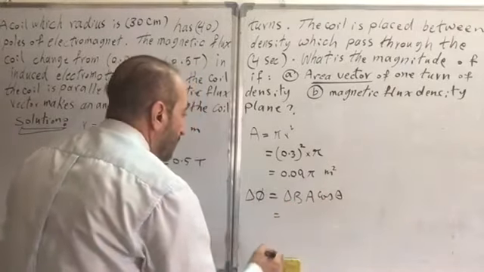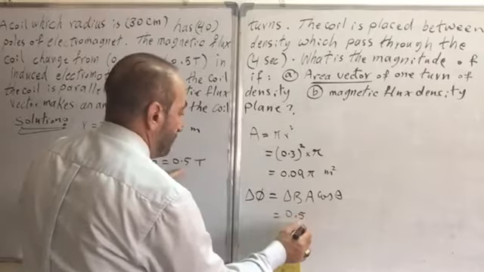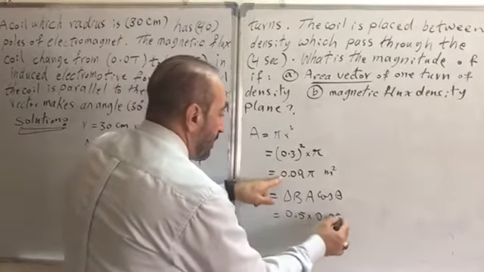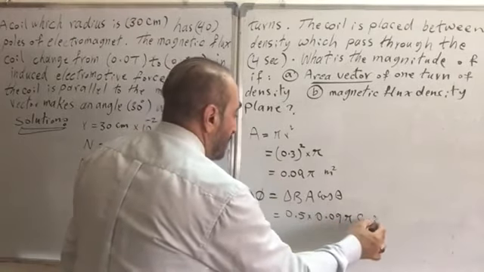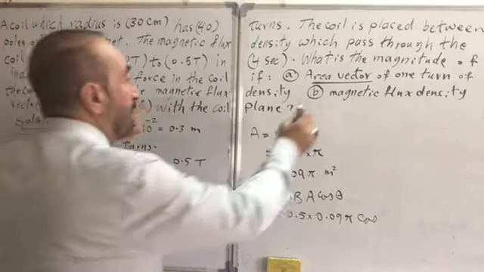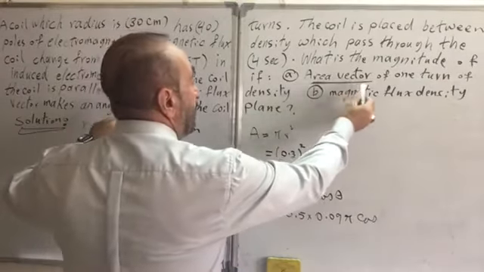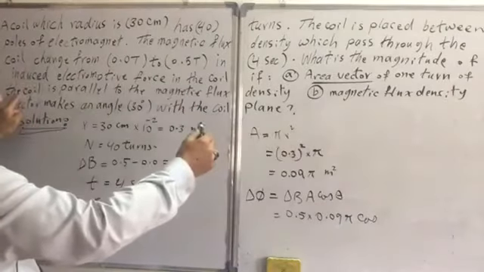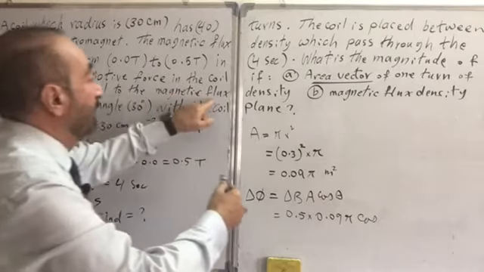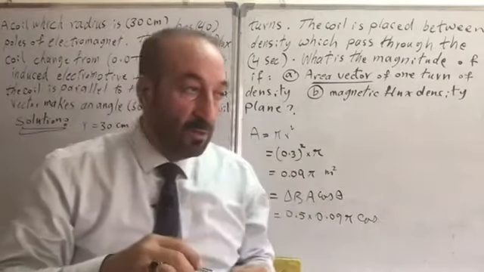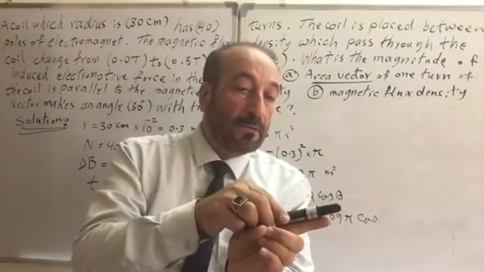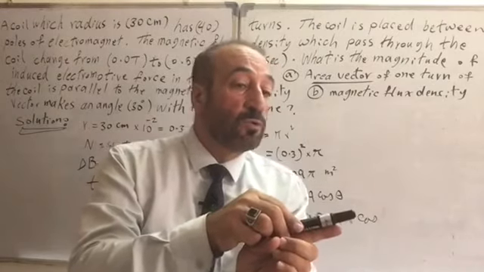Delta phi equals delta B, which is 0.5 Tesla, times A, 0.09 pi, times cosine theta. Now the angle is, as the question says, the area vector of one turn is parallel to the magnetic flux density. When they are parallel, that means the angle is equal to 0.